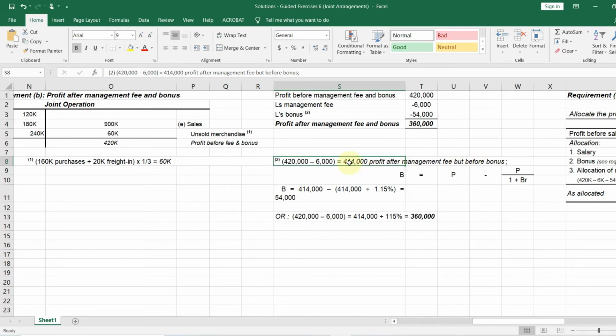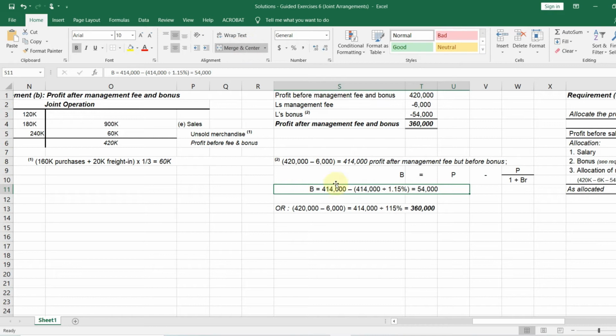You can use this formula: B is equal to P minus P divided by 1 plus the bonus rate. So, B is equal to 414 less 414 divided by 1.15, because 15% is the bonus rate, which is equal to 54,000. Okay? So, you have gotten the bonus.